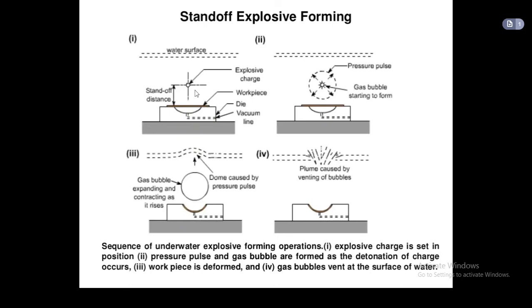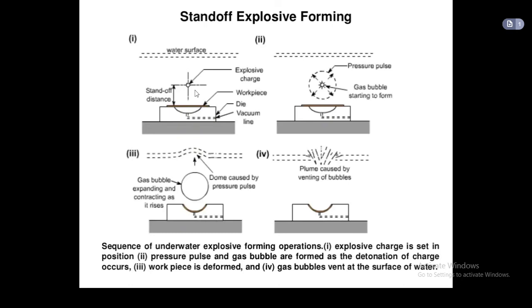And how is this spring back effect eliminated? By using a slightly excess charge than exactly calculated to carry out the deformation operation. There are some formulas that are used to find out the amount of charge required, and based on these formulas we can calculate the quantity of the charge.